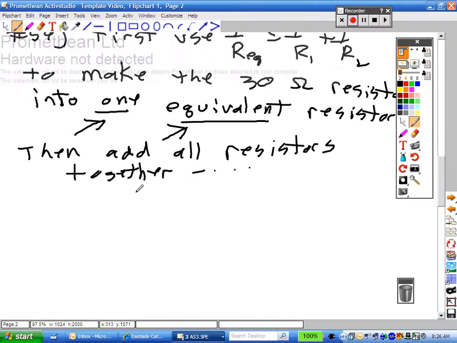To finish the problem, you could use Ohm's law. Okay, you're starting to see a pattern here, I think.